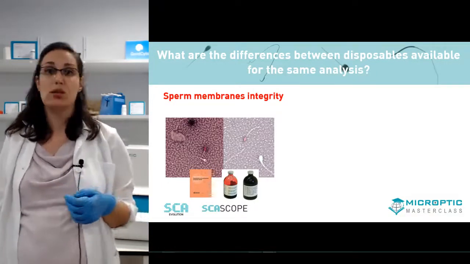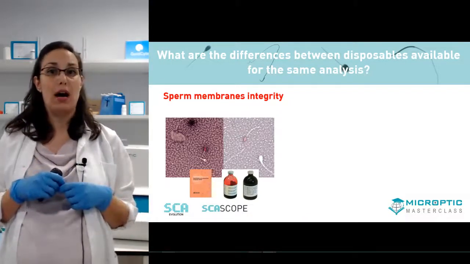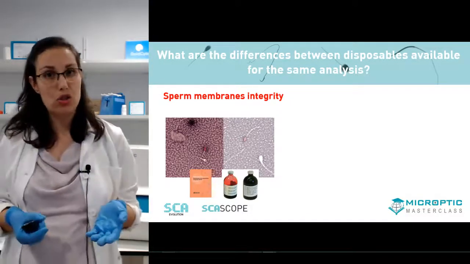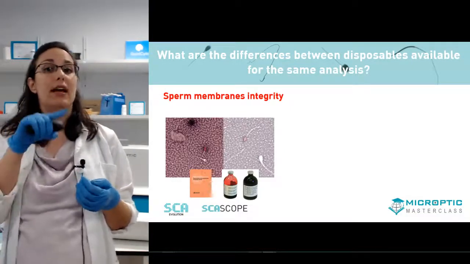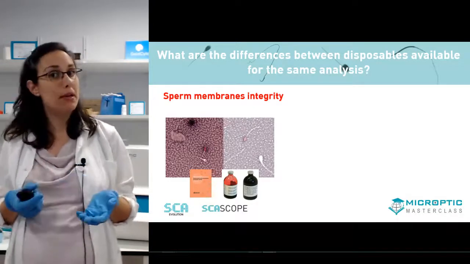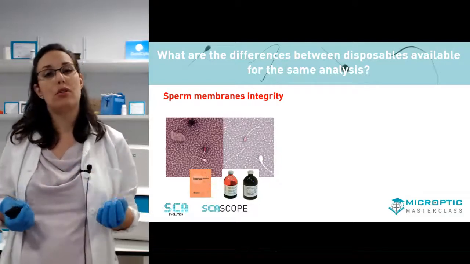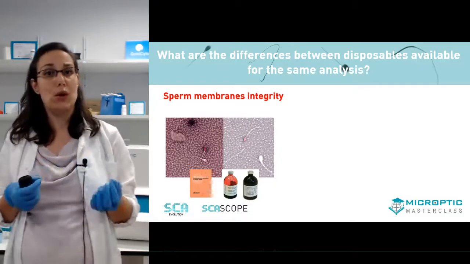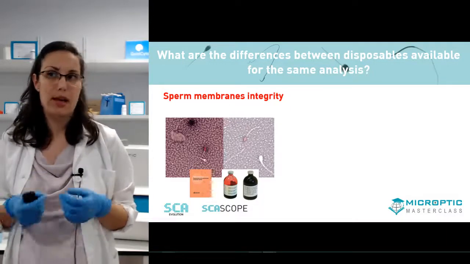Conventionally, the HOST test is used, in which the sperm cells are incubated with a hyposmotic solution, and we evaluate the response of these cells. If the tails are rolled, it means that the integrity of the membranes is working properly, and therefore the sperm are good. If the sperm are not responding to the swelling, it means that the membranes are damaged.